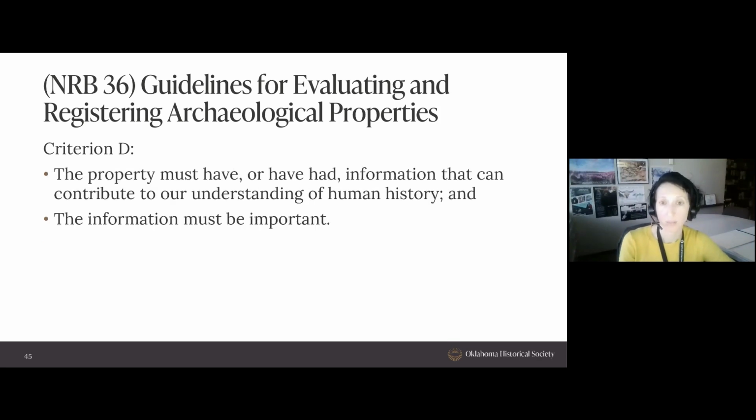Because to be eligible under Criterion D, the property must have or have had information that can contribute to our understanding of human history, but the information must also be important. So we have to demonstrate those research questions or the information, why it is communicating important information to history or prehistory, to our understanding of the human past.